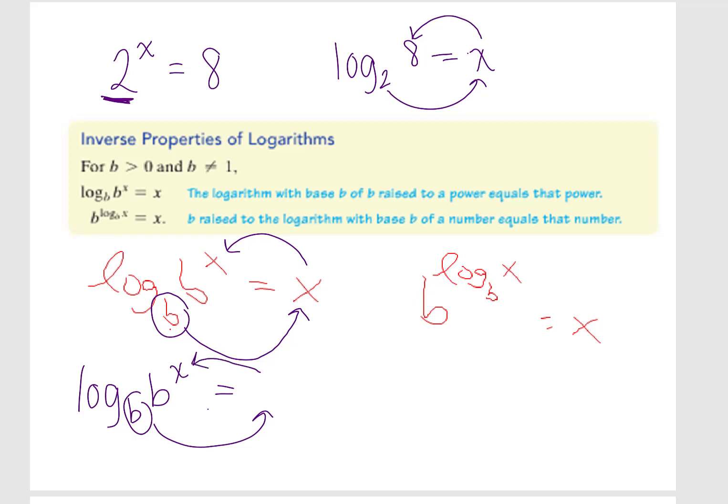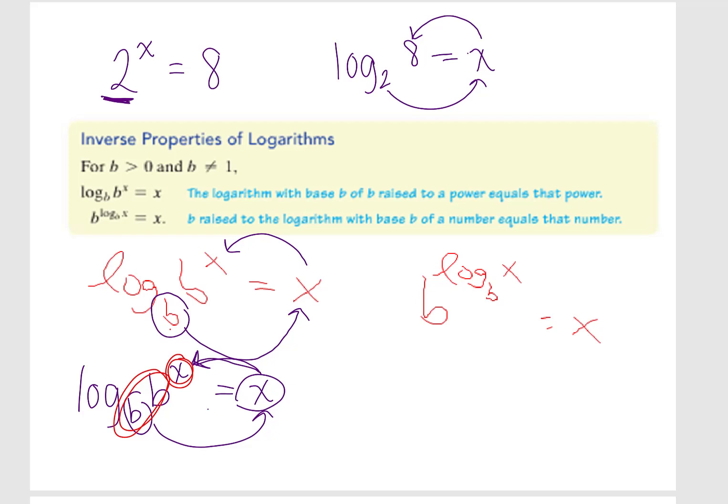Well, we just said the answer, right? It would be b raised to x. So anytime you see something like this, what I usually look for is, if these bases are the same, then the answer will always be the power. Okay, and we'll apply this in a second, and hopefully it'll make a little bit more sense.